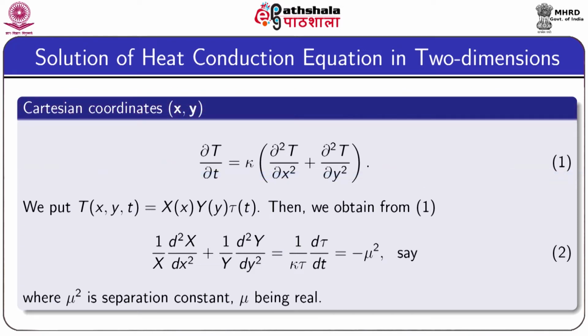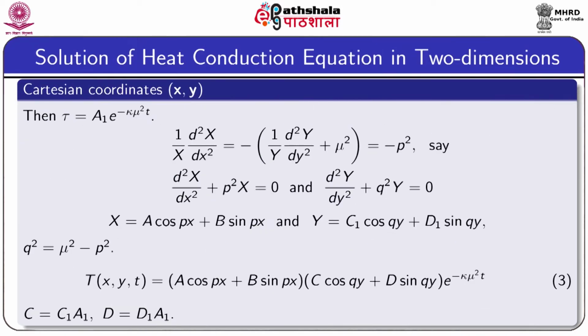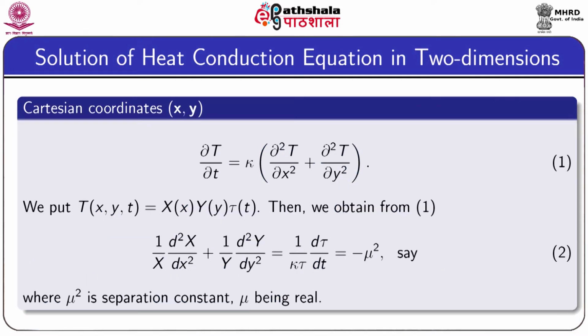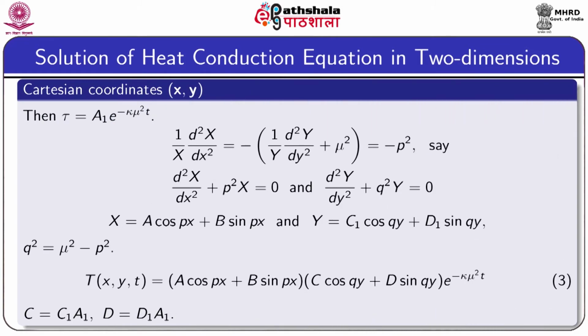So the equation for tau becomes d tau dt equals minus mu square kappa tau, and the solution can be written easily as tau equals a1 e to the power minus kappa mu square t, which is a bounded solution, where a1 is the integrating constant.